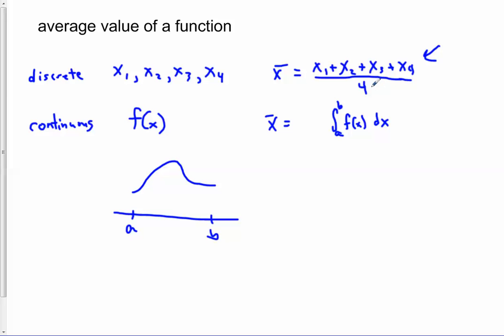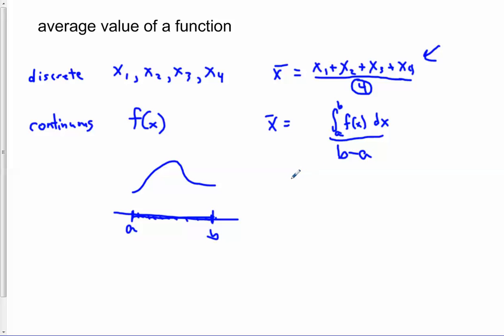Now, what's the corresponding thing to dividing by how many there are? Well, we don't want to literally do that because there's infinitely many values between a and b. So we don't want to divide by infinity. But it turns out that the right thing to do is to divide by the length of the interval. That's analogous to how many values we're including. So divide by b minus a.